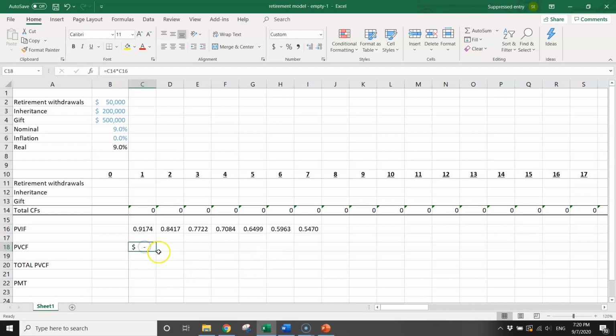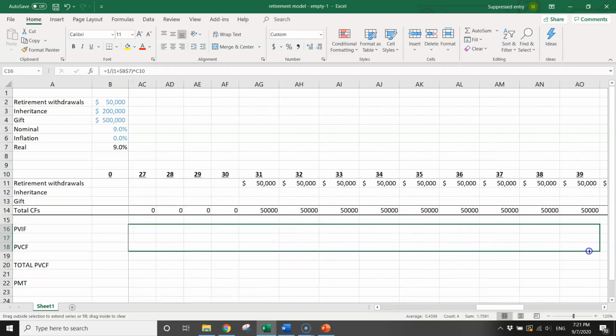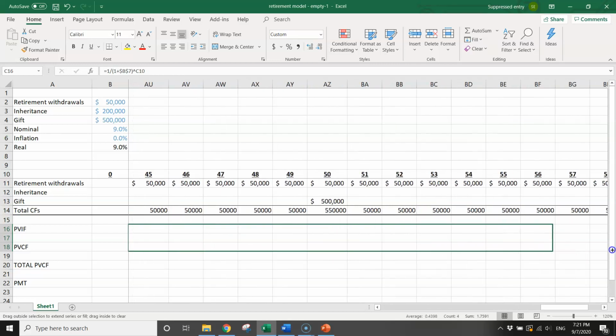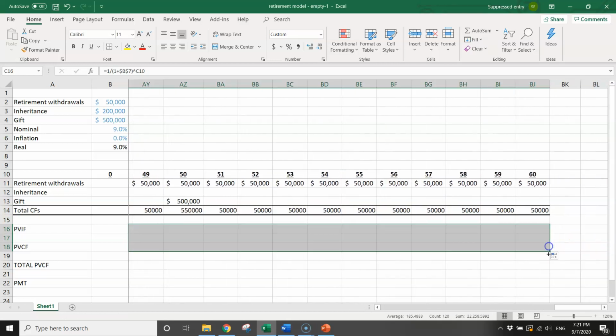So then it will be 0 for the present value of period 1 cash flow. Similarly, for period 2, the present value of cash flow is 0. Now we want to do the extended calculation for the combined rows. We replicate this calculation to the year 60.